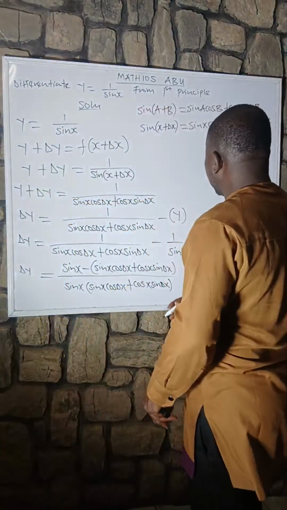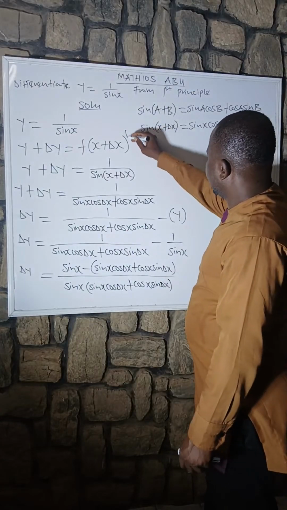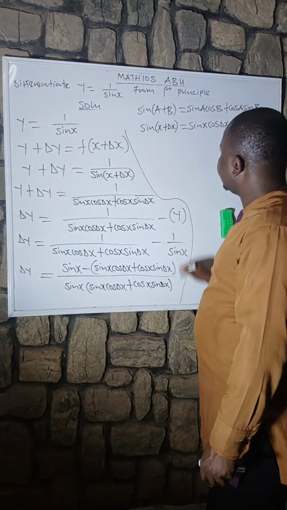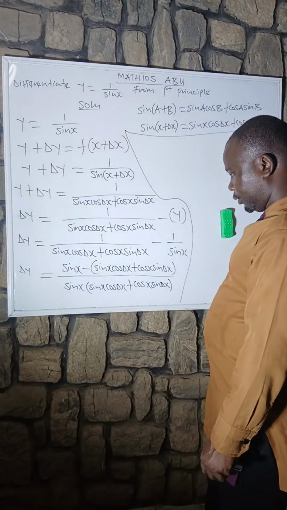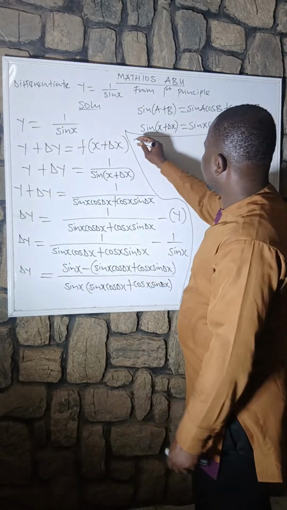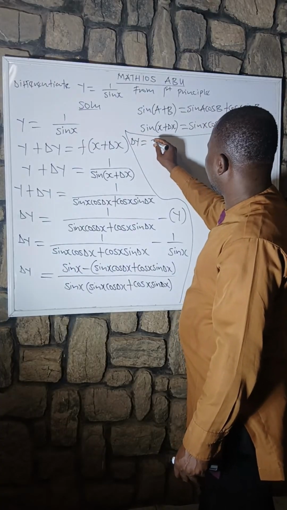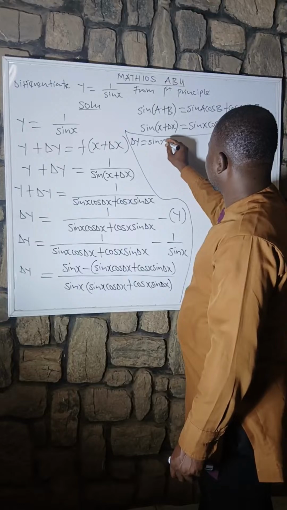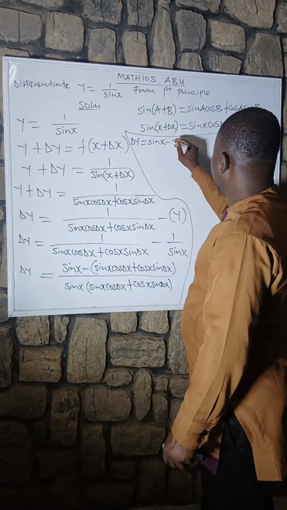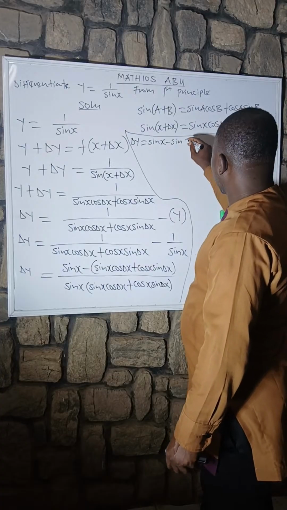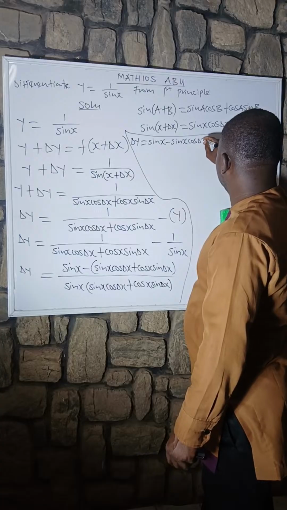Okay. So now at this point, what do we do? Let us have it in this form. So what we need to do here is we have to open this bracket. We write dy is equal to sine x minus, and this here will be minus sine x cos dx, amen.